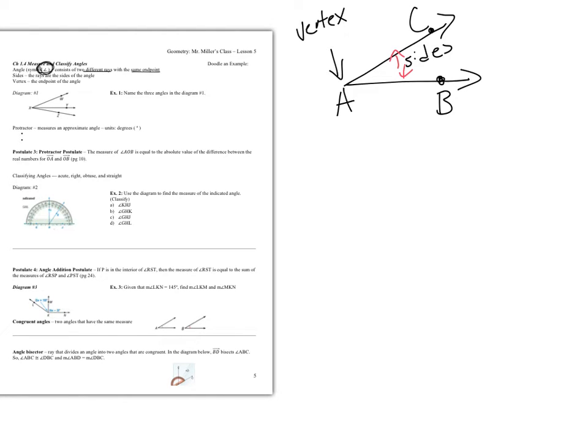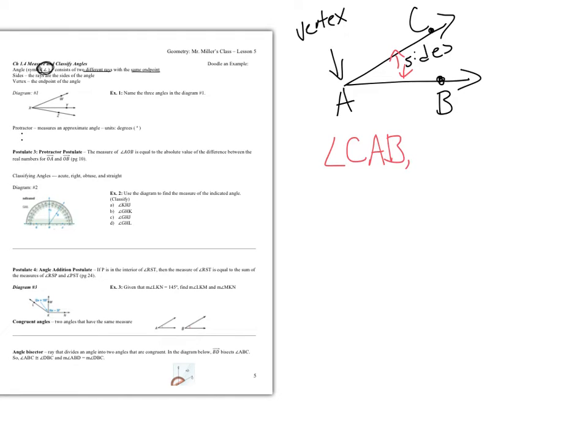And then we can go ahead and name this. We can name an angle by using our angle symbol and then 3 points that make up that angle. And this is how we typically name an angle. So if I'm going to go ahead and name this angle, I have my angle symbol, and then I'm going to start on the top. So I'm going to say this is angle CAB.